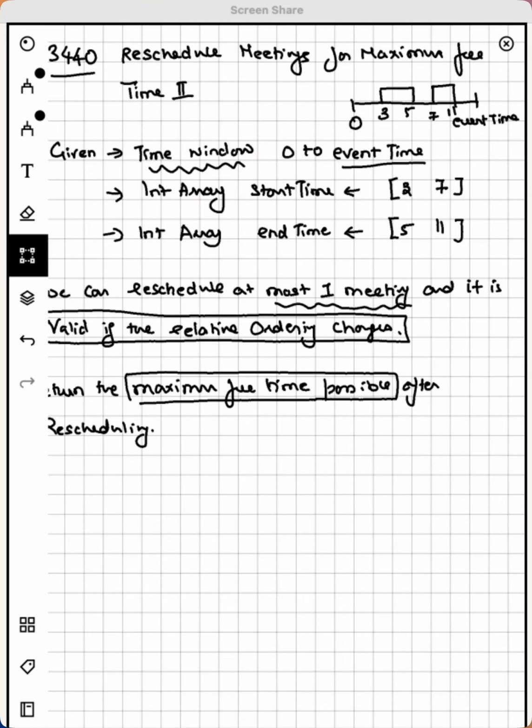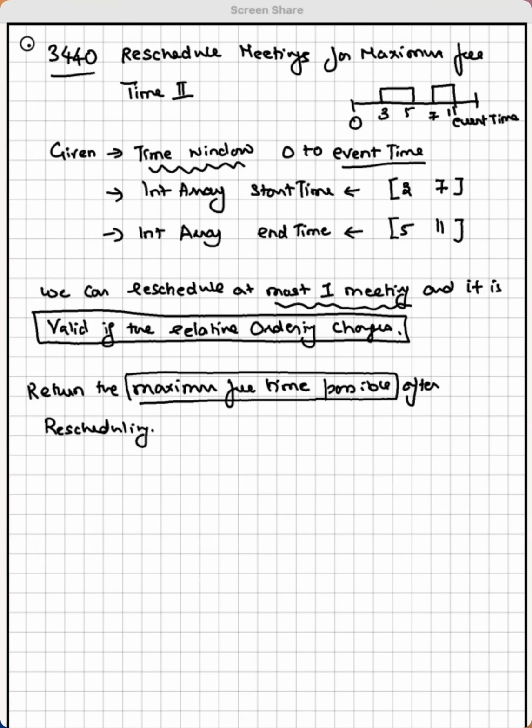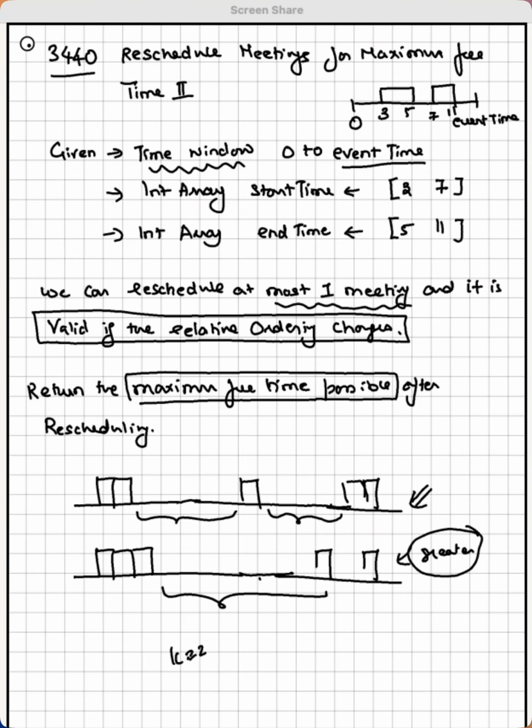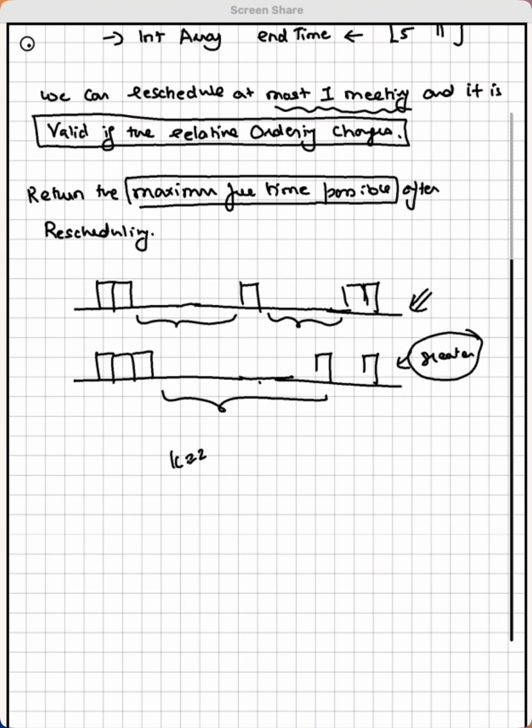Let's quickly recap what we saw yesterday. If I had a meeting somewhere here, and I had another one somewhere here, in the first one we shifted this to the left, and in the second one I shifted this to the right.